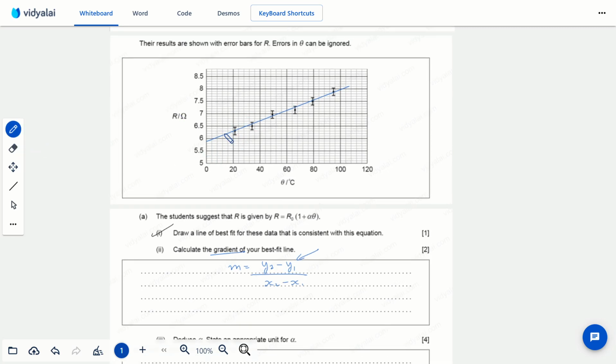Now, while selecting 2 points on this line, make sure that you are not considering points that are actually from the dataset, because sometimes they might appear to coincide on this line, but they might not be.